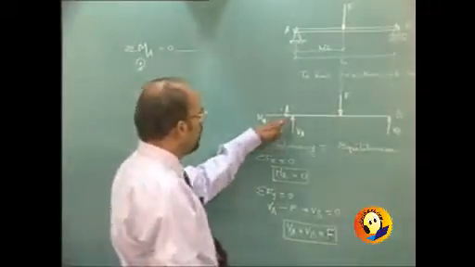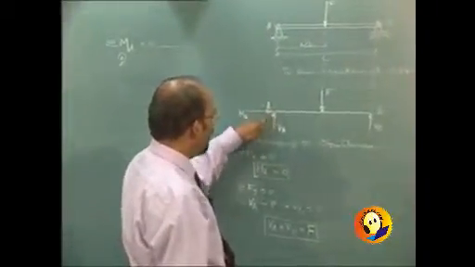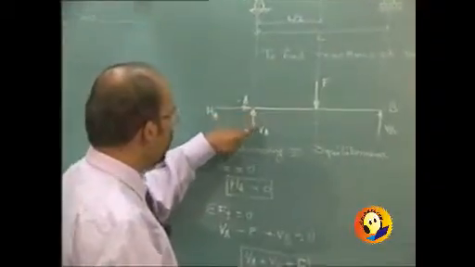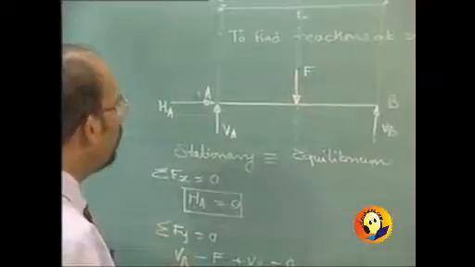If I am to take moment about point A, then VA and HA are passing through it, and so the perpendicular distance of any of these forces from point A will come out to be 0.